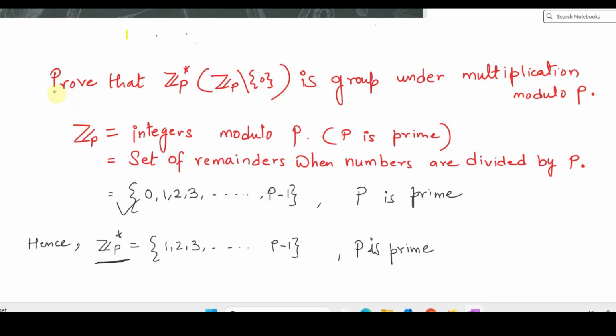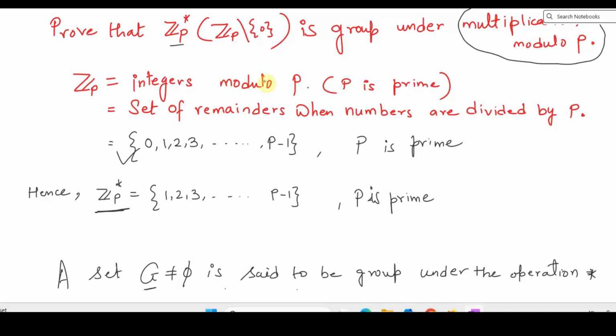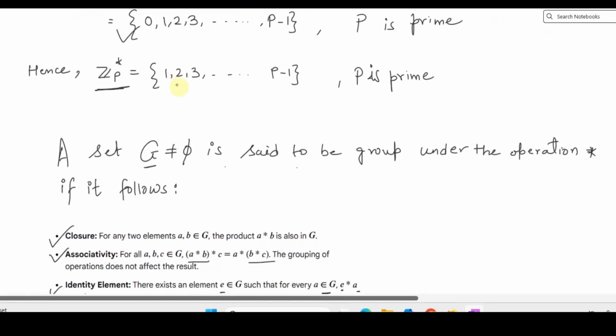Hello friends, so today we will prove that Zp star is a group under multiplication modulo p. So this is the operation we are defining on this set Zp star. First of all, let's see what Zp is. Zp is the integers modulo p. And what is integers modulo p? It is the set of remainders when numbers are divided by p. So when any number is divided by p, what are the possibilities of remainders?